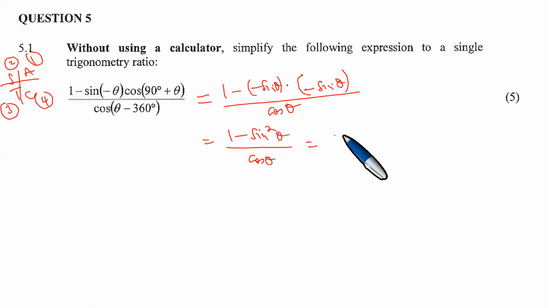What is 1 minus sine squared? It's cosine squared. What is cosine squared divided by cosine theta? It is cosine theta. So the answer is actually cosine theta, and the marks are 5. So we're done with that one. Next question.